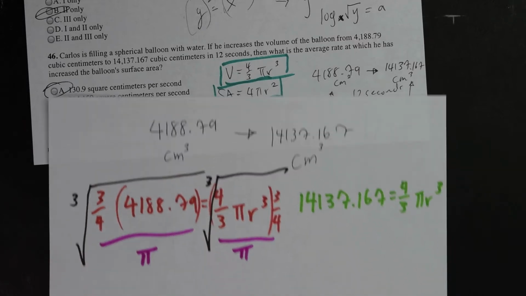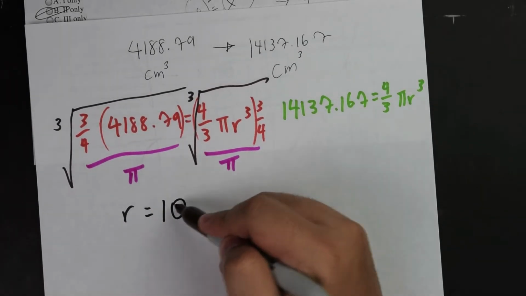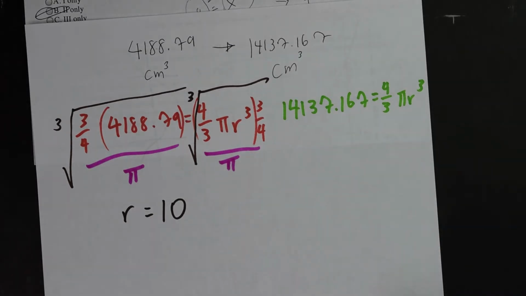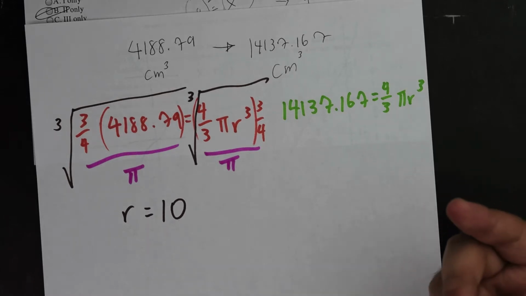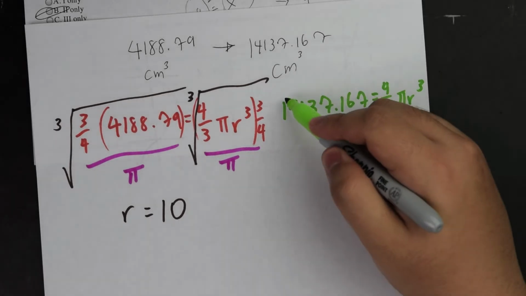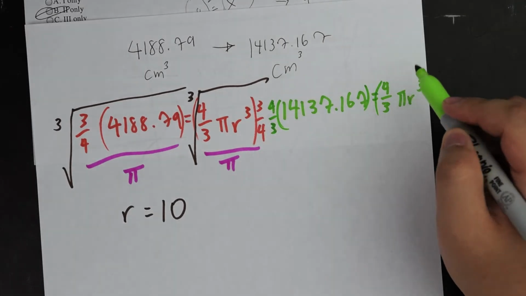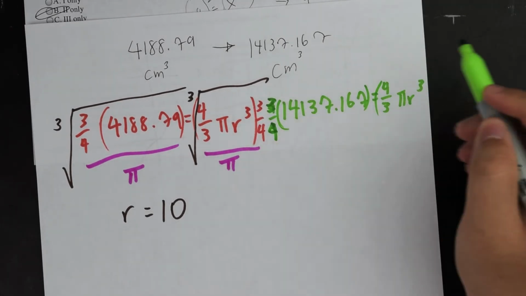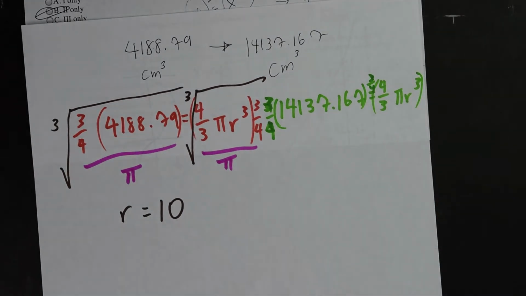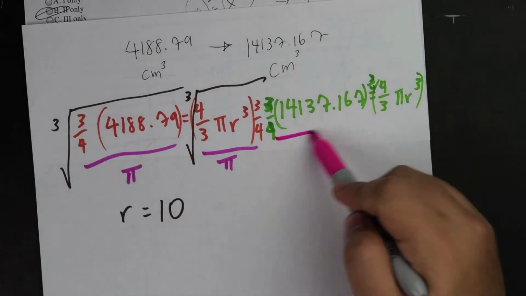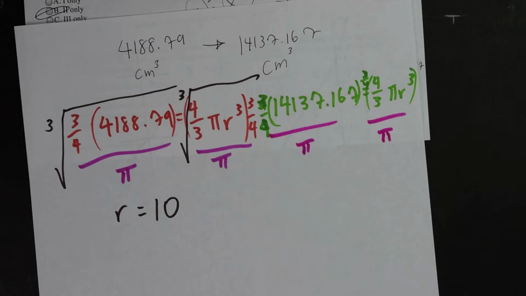What it resulted in was a radius value for this orange portion right here equal to 10. Similarly on this part right here, I did the exact same thing. I first multiplied by 3 over 4 on both sides, sorry, 3 over 4, and then I divided by pi on both sides again, and then I cubic rooted it as the last step.